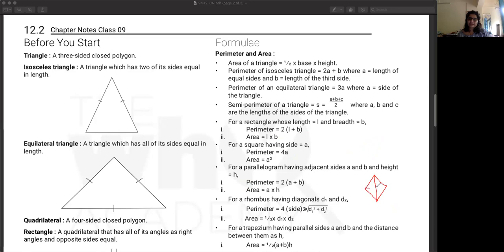Okay, this is diagonal 1, this is diagonal 2. I'll call the horizontal one D1 and this vertical one D2. So now, what will be the area of this top triangle?